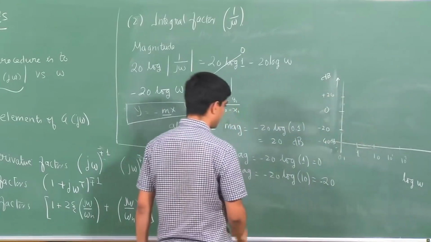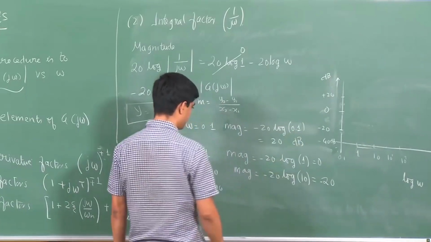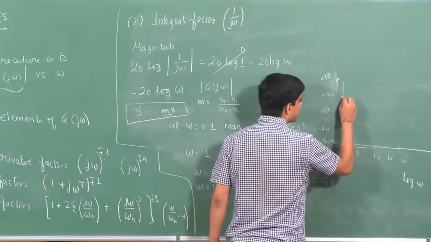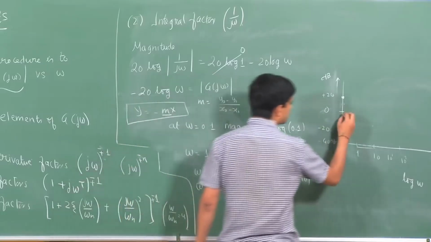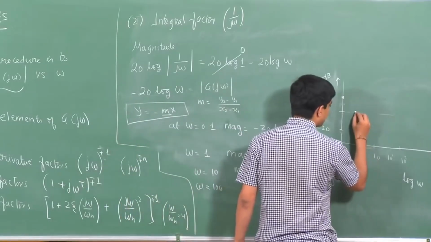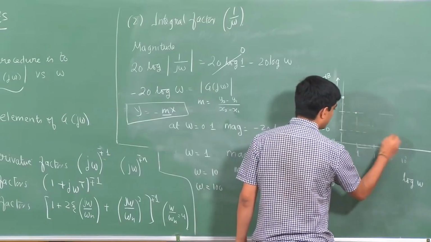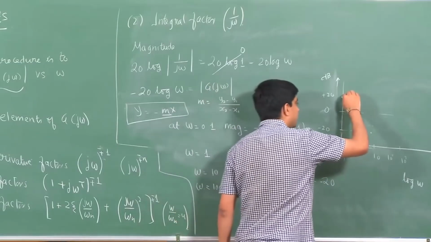Now, at omega equal to 0.1, the magnitude is 20, so I am here. At omega equal to 1, the magnitude is 0, on this 0 dB line here. At omega equal to 10, I am here, and so on. So, I just draw a line which looks like this.